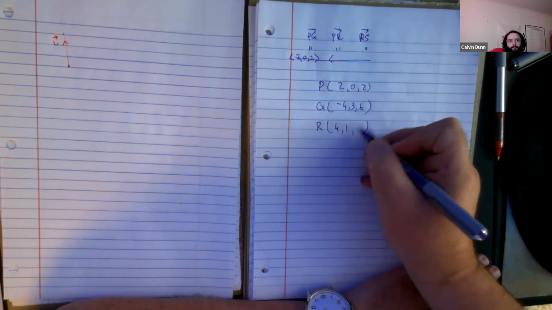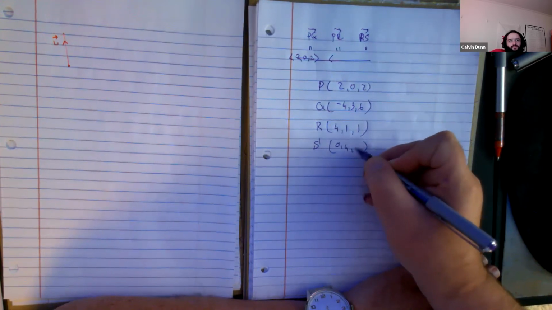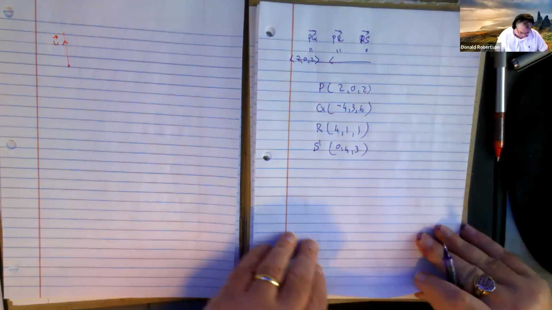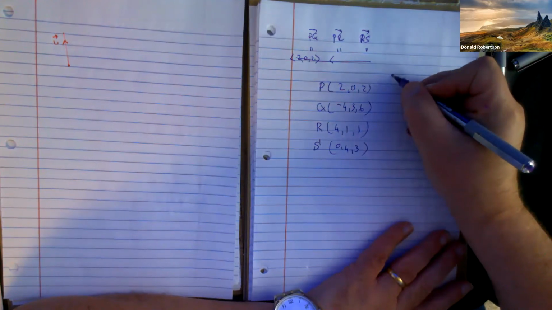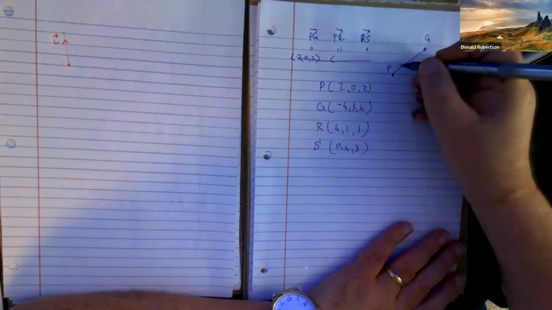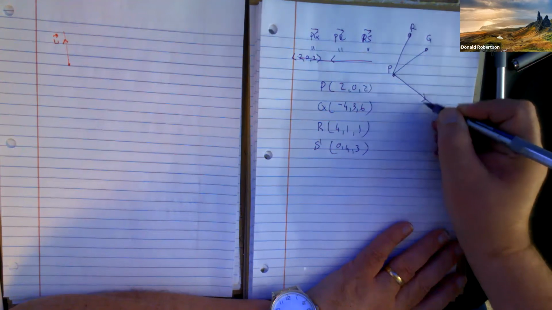R is 4, 1, 1. And S is 0, 4, 3. So imagine that this is P, this is Q, this is R, and this guy here is S.